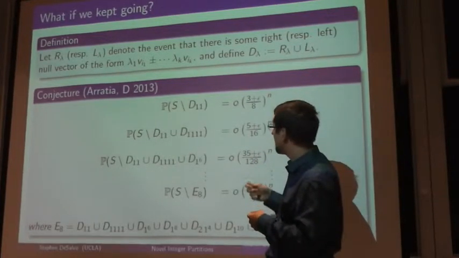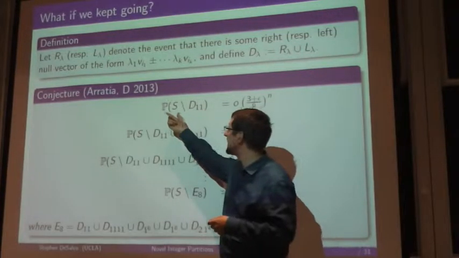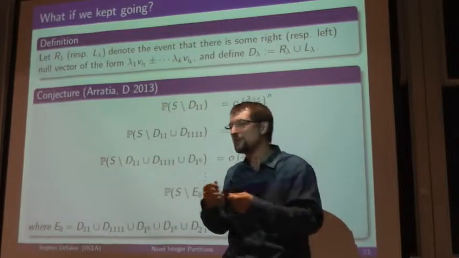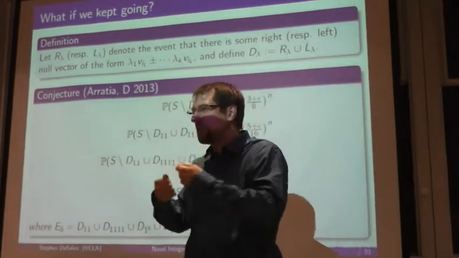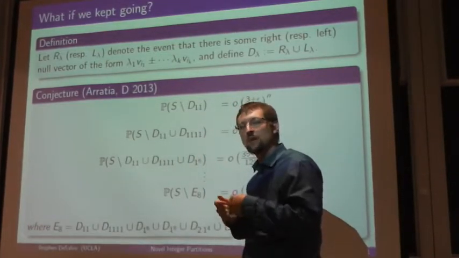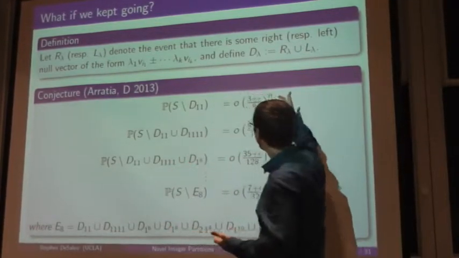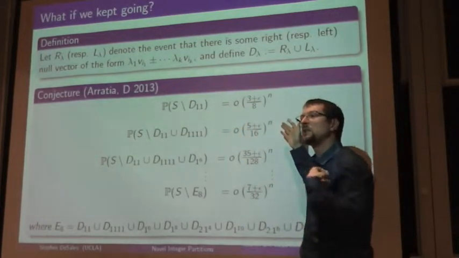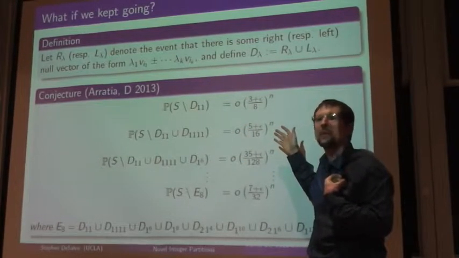And so the conjecture really is that P of S is asymptotic to P of D11. In other words, the real thing driving the singularity is this 1-1 type of null vector. And what we're saying is, well, what would the runners-up be? What would happen if you exclude the most likely way, what would come next?